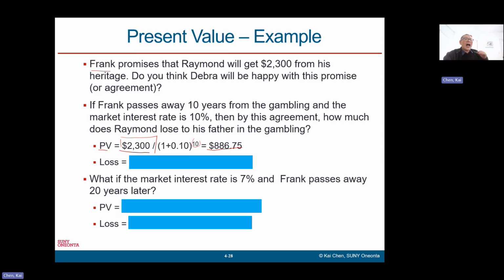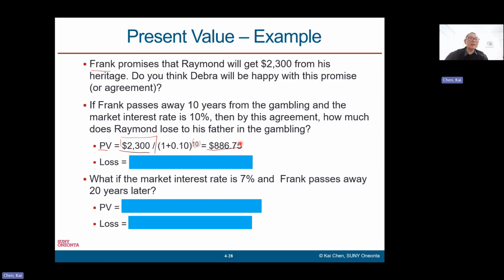Today, out of the $2,300 that I won, I return you $886.75.